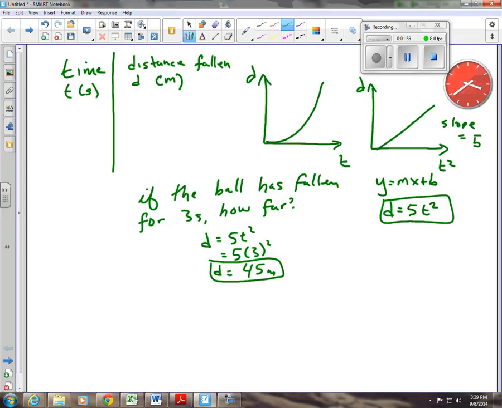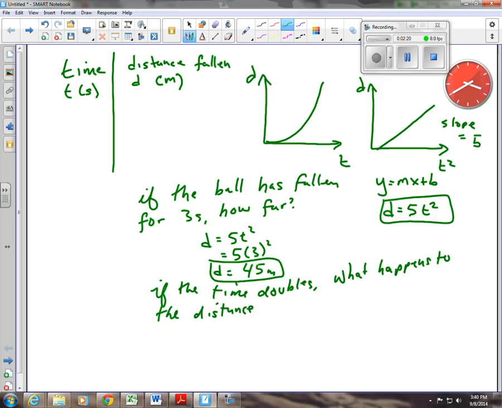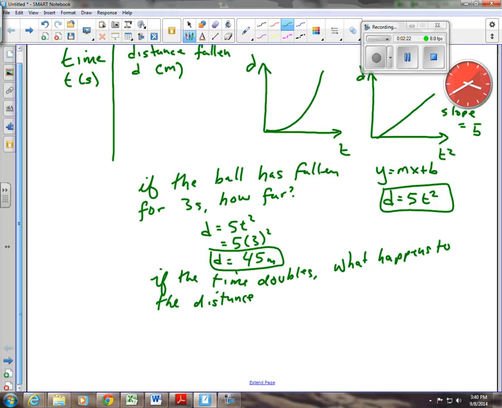We can also answer this question. If the time doubles, what happens to the distance? And what most of us have been doing so far is something like this. We had a distance at a time of 3.